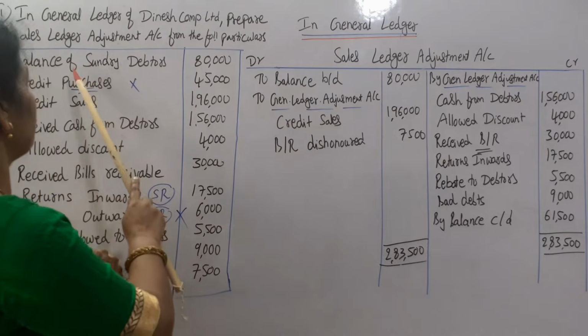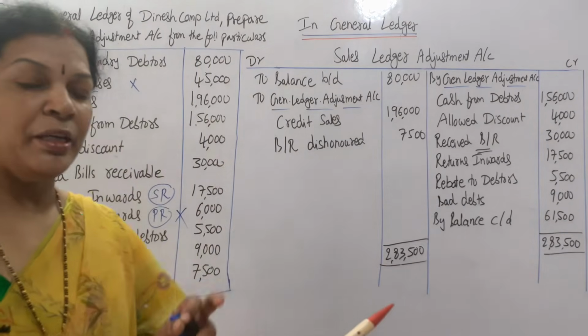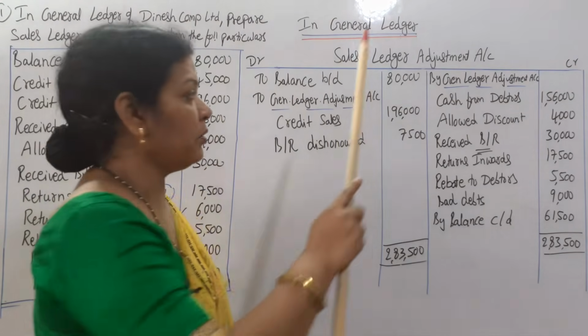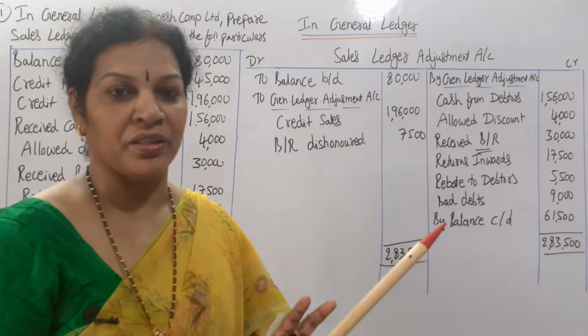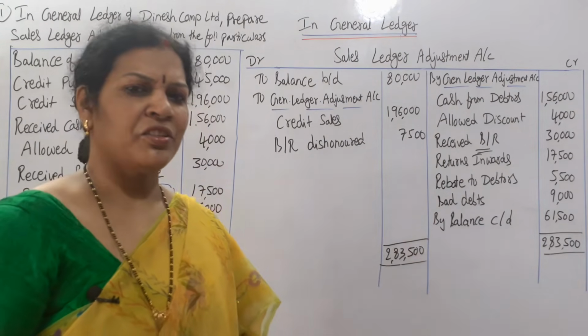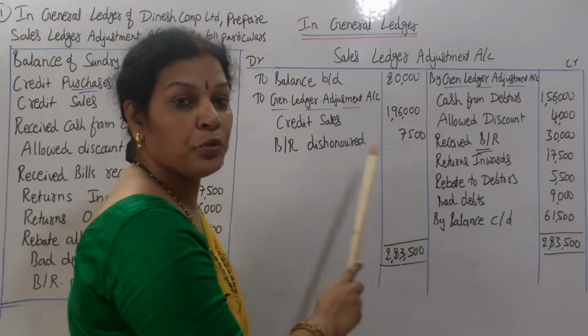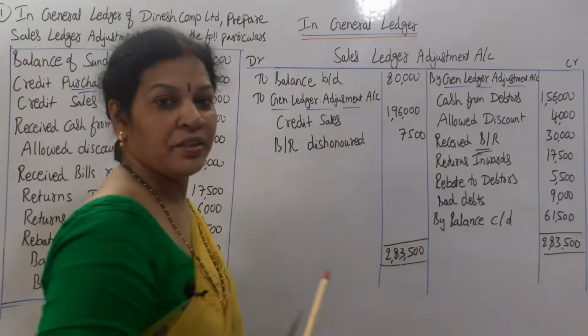The opening balance is already given: balance of sundry debtors 80,000, balance brought down. Immediately you have to give the heading, general ledger adjustment account, on both the debit and credit sides. Then the rest of the transactions will be written under this column. That is why we did not write to or by for each and every transaction. Already we gave the heading, right?